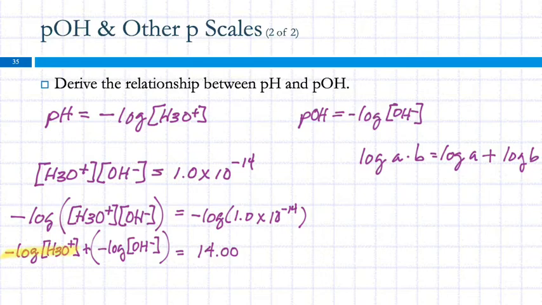Well, what is that equal to? Negative log of hydronium ion concentration, just pH. So we got negative log of hydronium ion concentration up there, so that's pH.